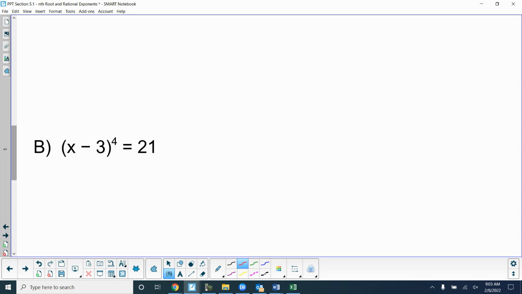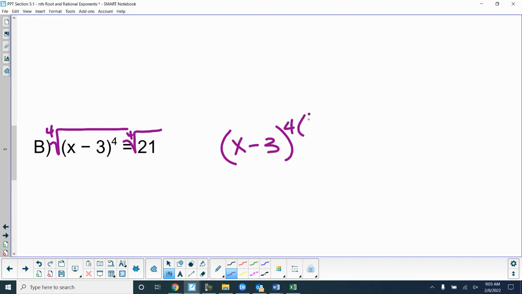Okay. So what do I do to get rid of that 4? I do the 4th root, right? Or if you want to think about it like this, raise it to the 1/4 power, because that's what we end up doing anyway, right?